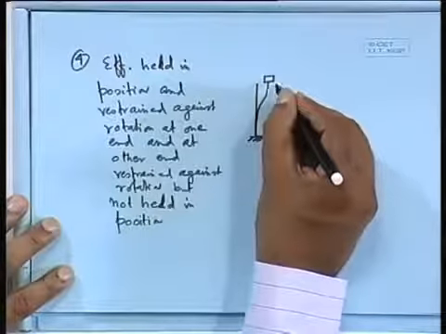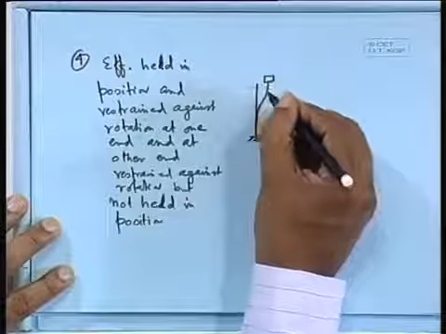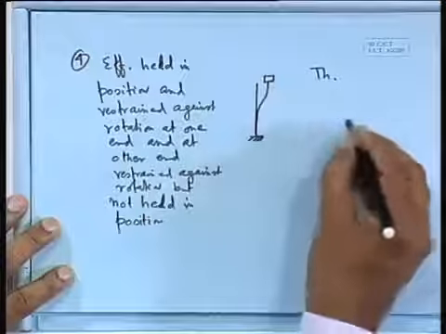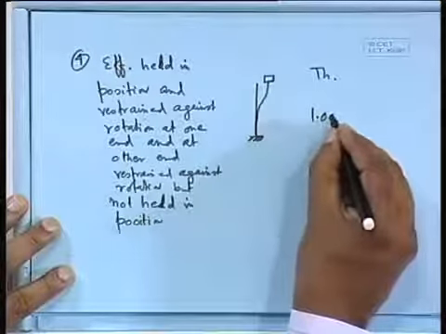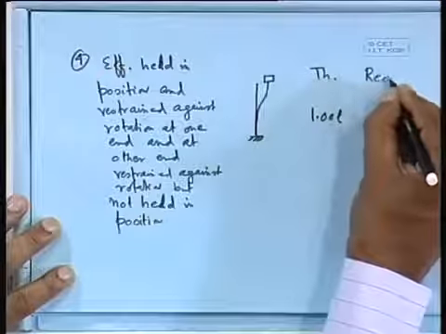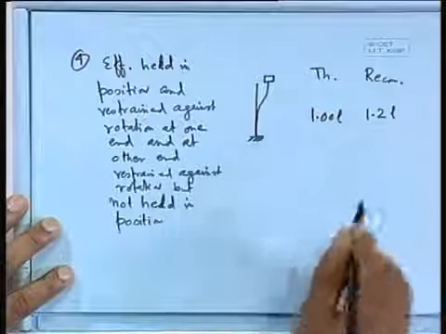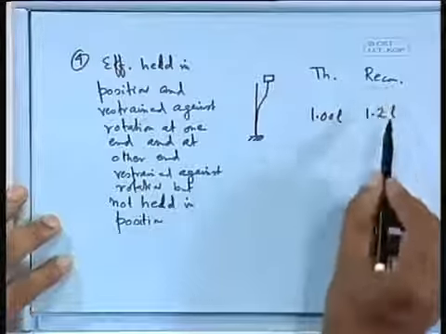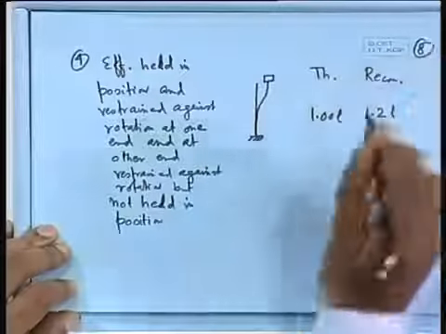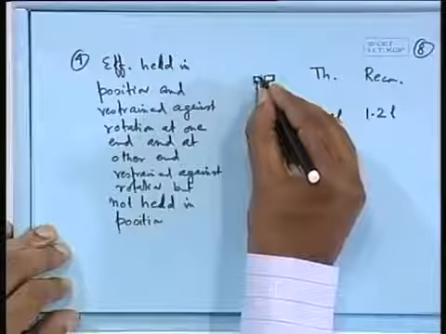It can move like this, but there is no rotation here. In that case the theoretical value comes to 1 L, and for the recommended value the code says you take 1.2 L. So this is another case that you have to consider.